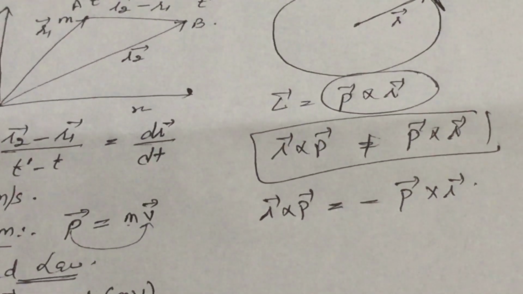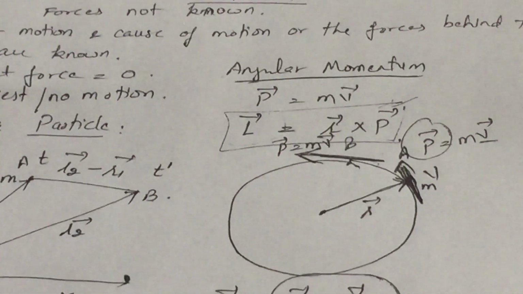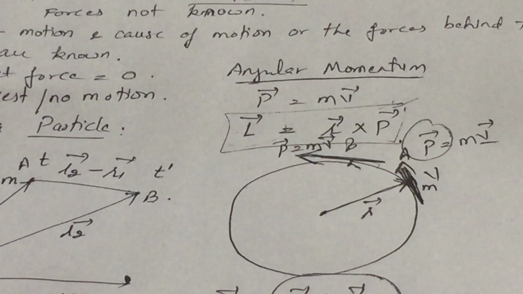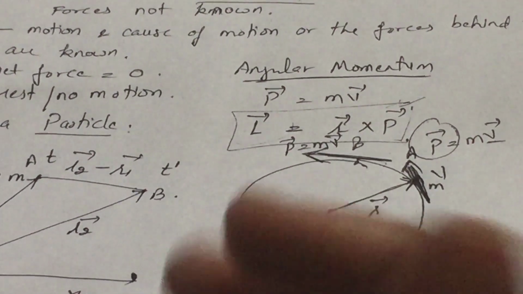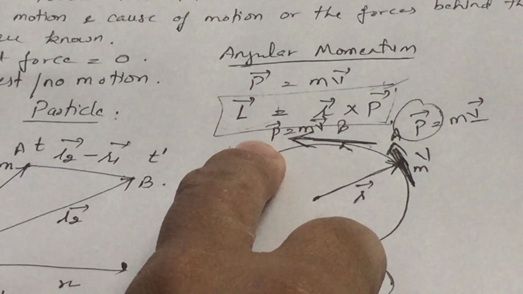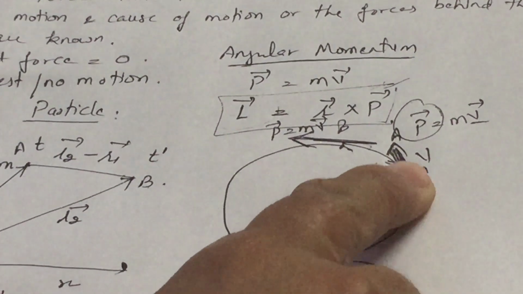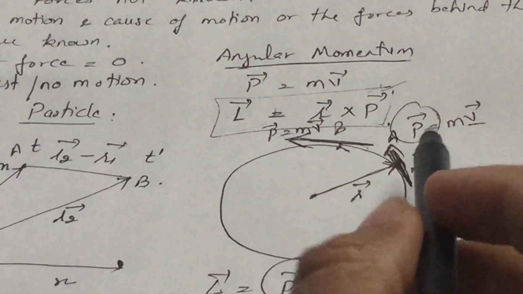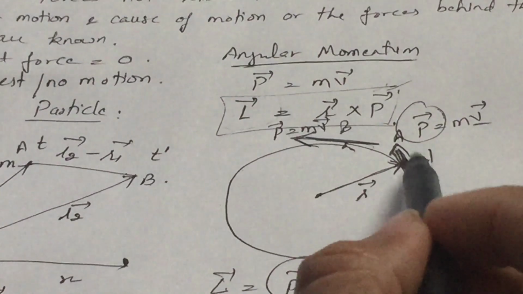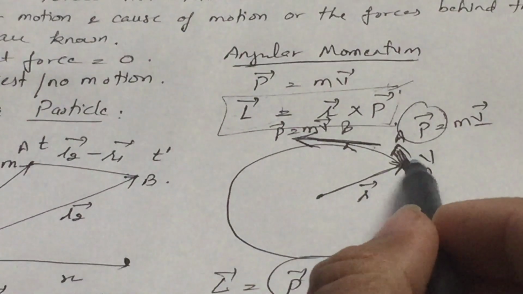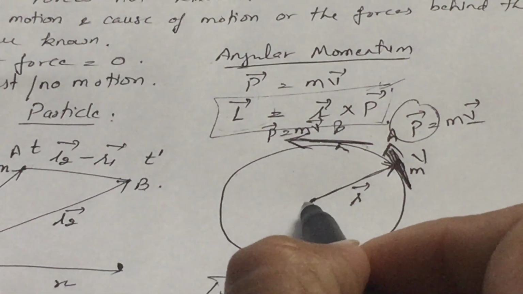Then in case of angular momentum, how will we give the direction of angular momentum? We can curl the fingers of our right hand from R to P, then the thumb of our right hand gives the direction of L. In our case, at any point A, the direction of our linear momentum is this, and this is the direction of our radial vector.